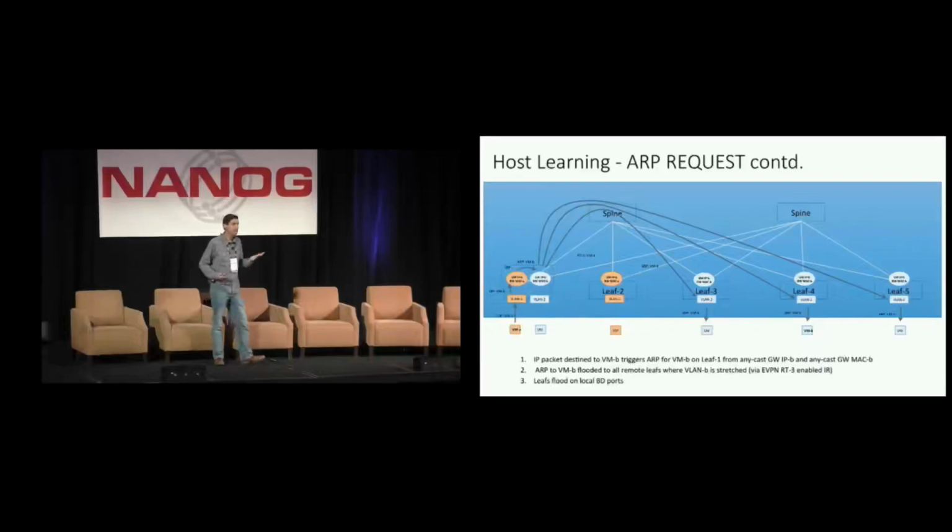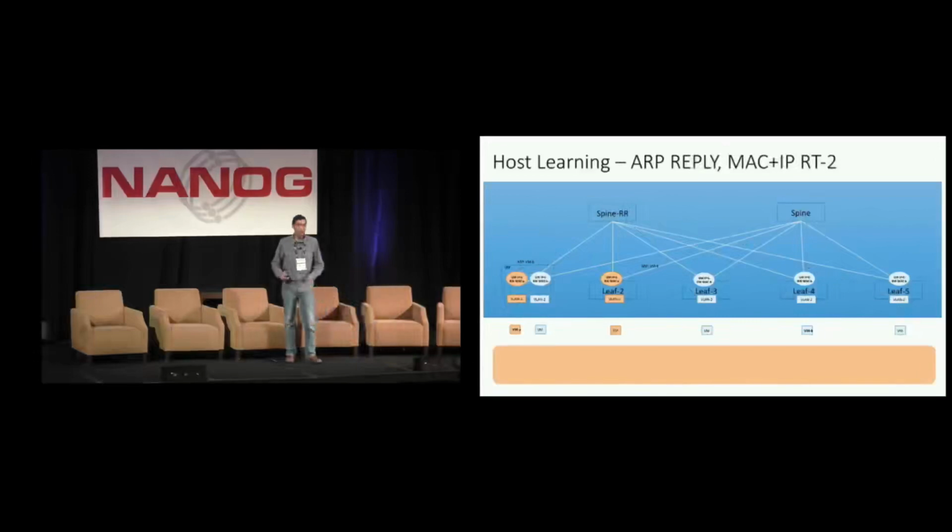Each leaf will flood that packet on the local port or local ports in that layer 2 service, including leaf 4, which will flood the ARP request on its local port towards VMB. When VMB gets the packet, VMB will generate an ARP reply. However, now the ARP reply would be destined to the Anycast gateway's MAC.